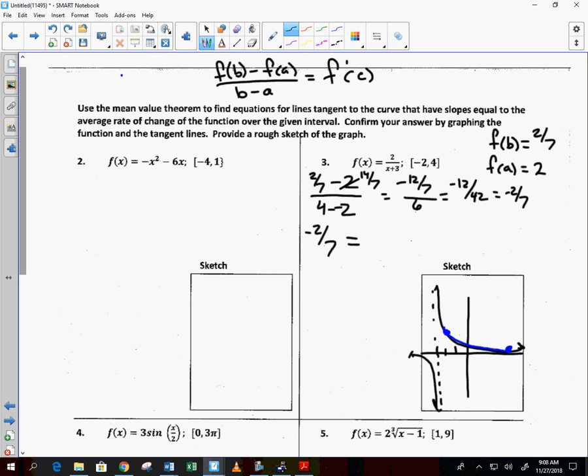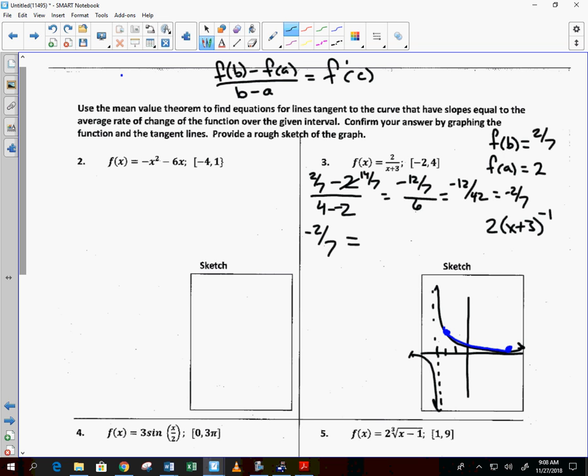What rule do you need to use? I don't like to use the quotient rule, so I'm going to use the chain rule. 2 times x plus 3 to the negative 1 power. What's the derivative of the inside? 1.